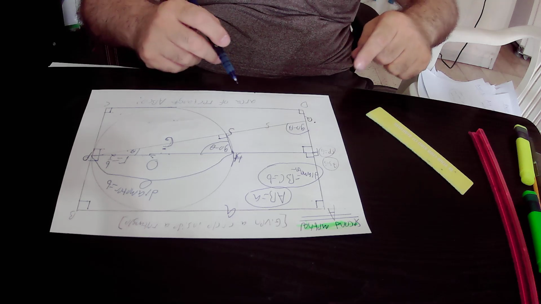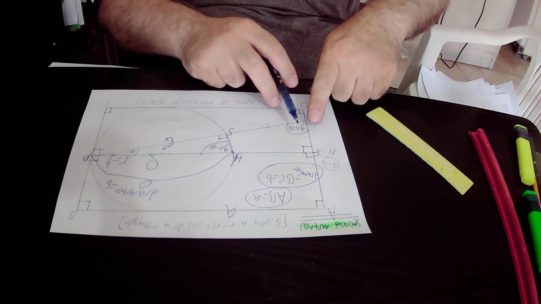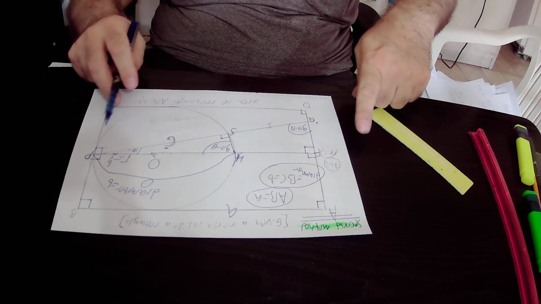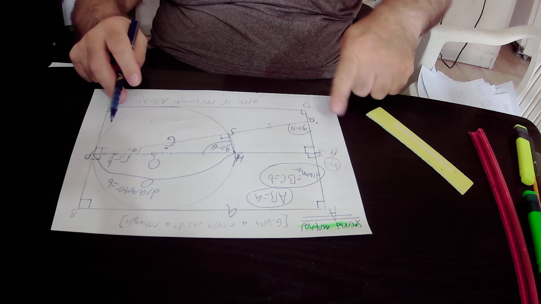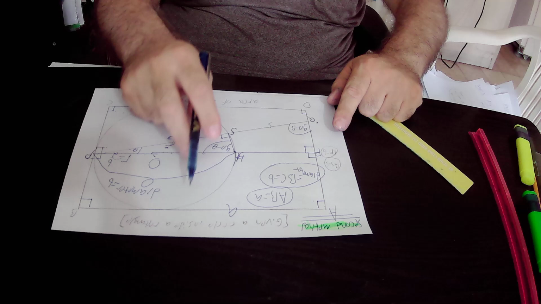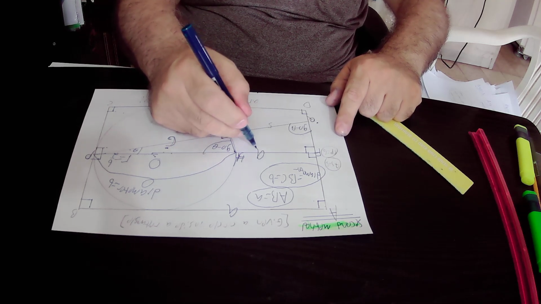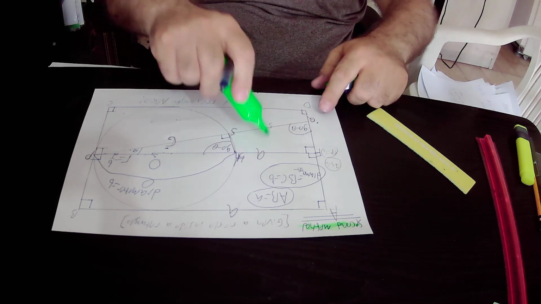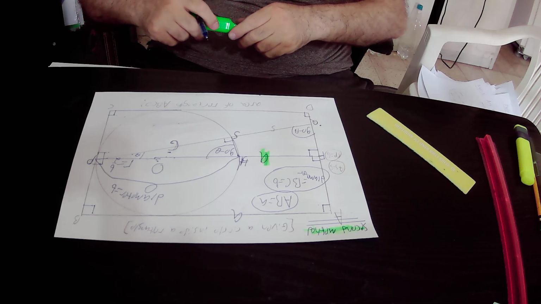That is to say, side AB must be equal to the opposite side FP. AB is equal to FP, according to the rule that I mentioned. But AB equals A. Therefore, FP that is equal to AB must be also equal to A, according to the rule that the opposite sides of a rectangle are equal to each other.